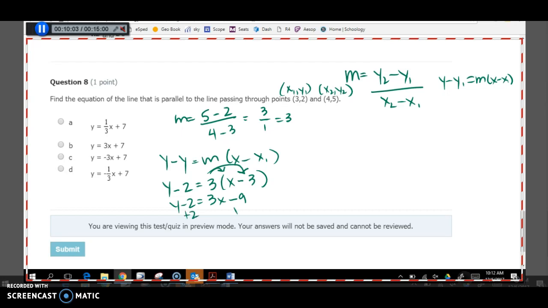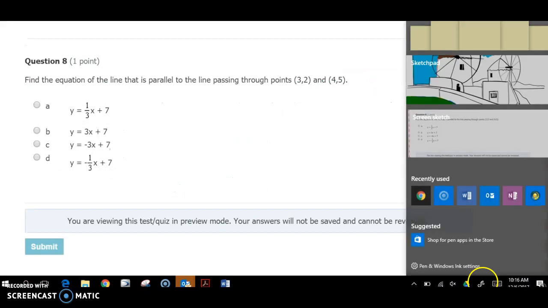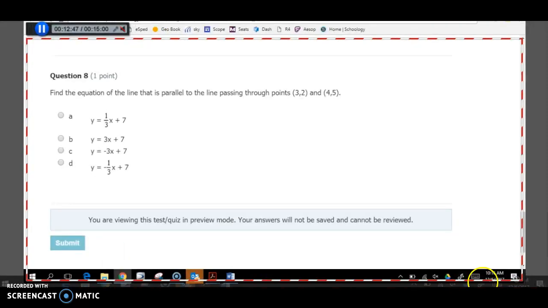Add 2 to both sides. Y equals 3x minus 7. And the only equation that has the slope of 3 would be B.